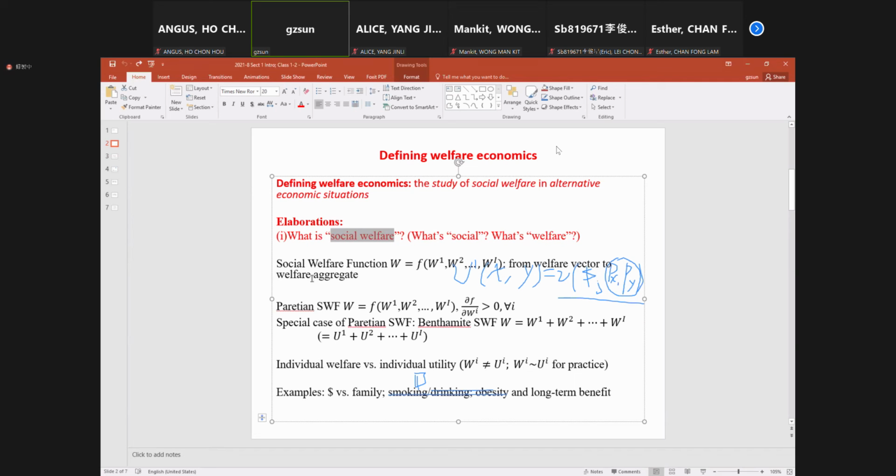Basically, we aggregate individual level welfare into society level. This is the social welfare.